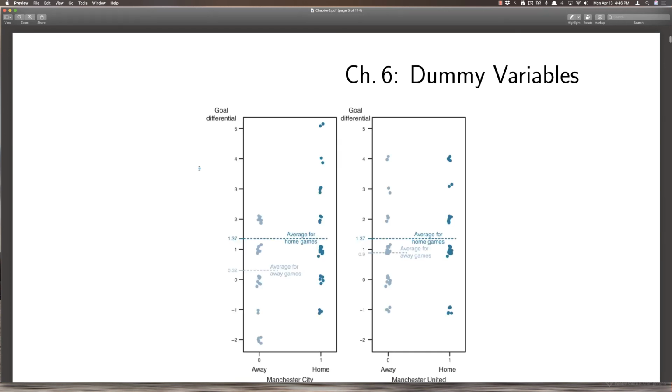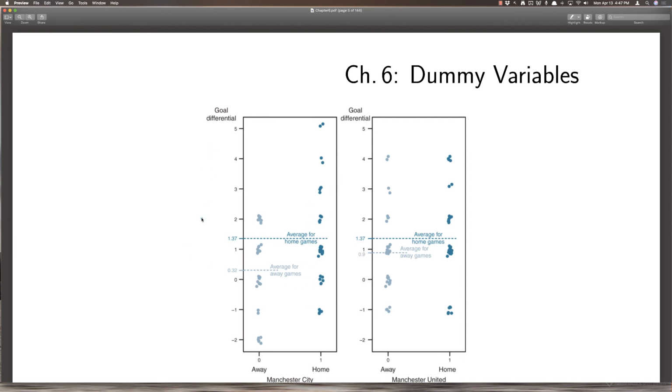So for home games, the home variable would be a 1, and for away games, the home variable would be a 0. So here is a data set of two teams from Manchester, England, Man United and Man City, that play in the English Premier League. Here we have the goal differential for each of those two teams, and it's been separated by all of the away games and all of the home games.